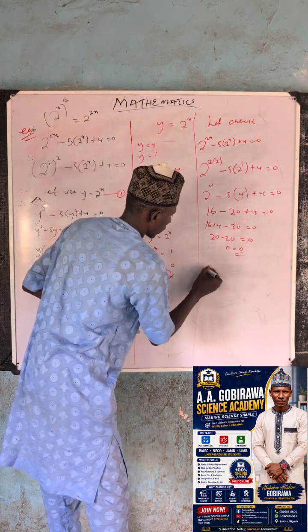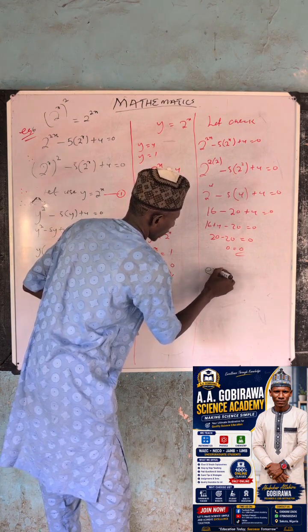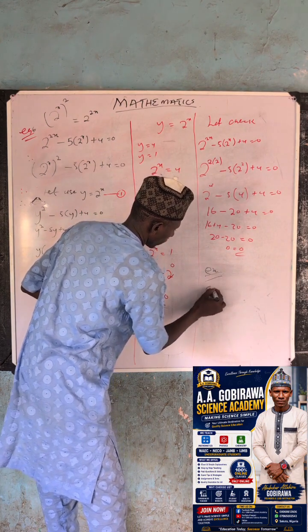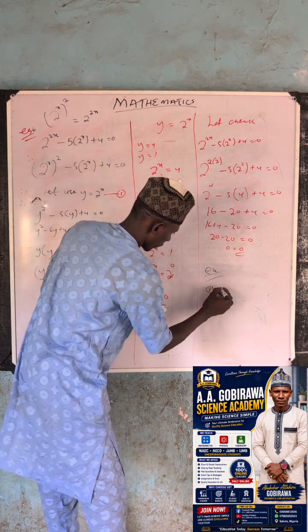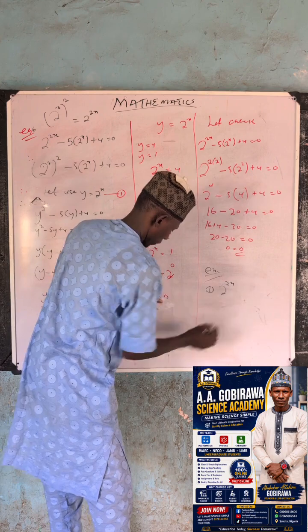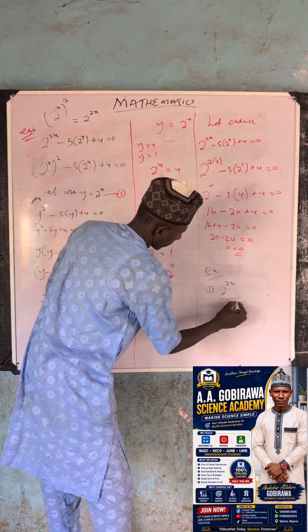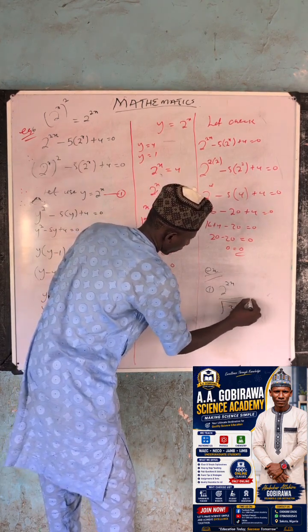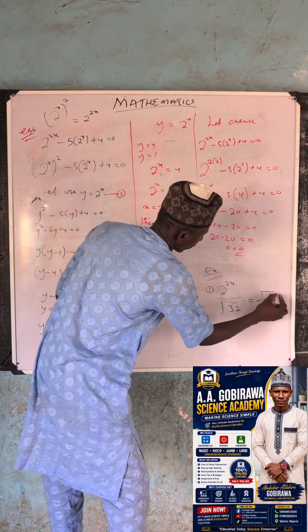So exercise number 1, we have 2 power 2x all over root of 32 is equal to root of x.